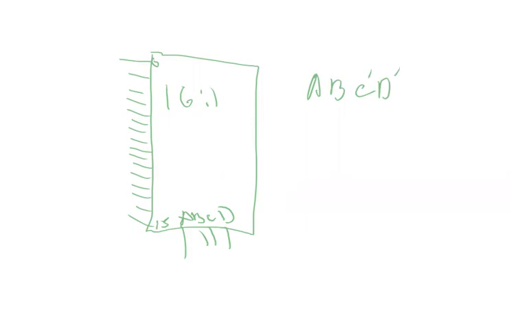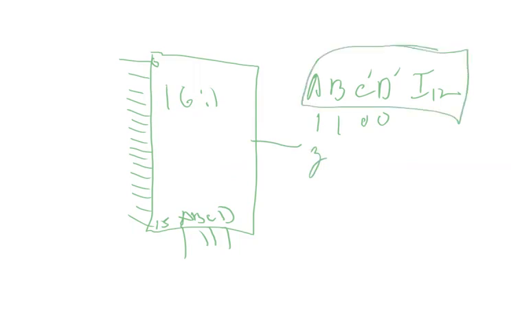Well, this is equal to 1, 1, 0, 0, which is equal to input 12. So I'd multiply this by input 12, and I'd only see input 12 on the output Z if and only if the combination of A, B, C, and D were 1, 1, 0, 0. And so that's how I would design my 16-to-1 multiplexer.